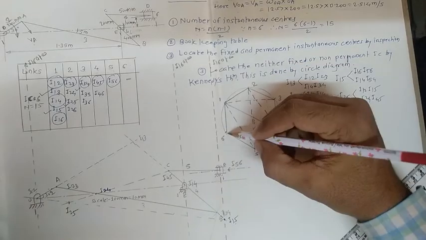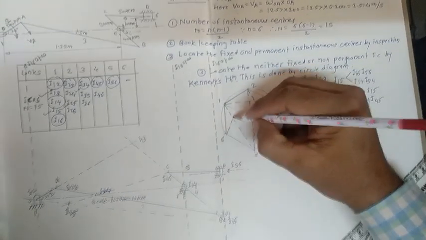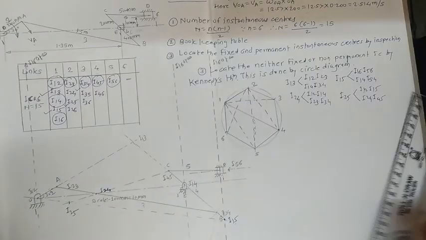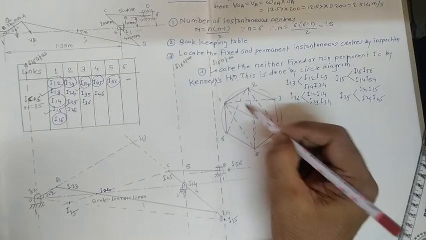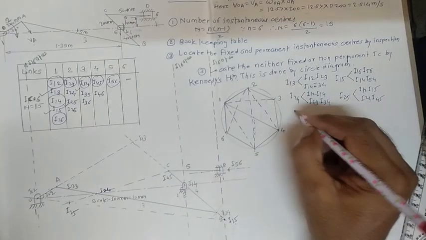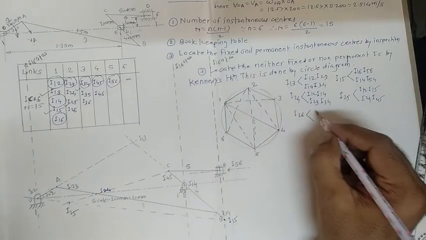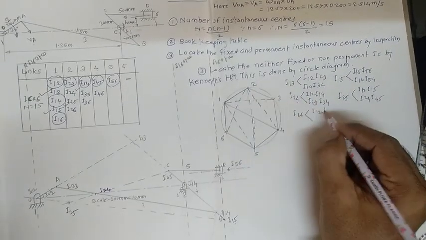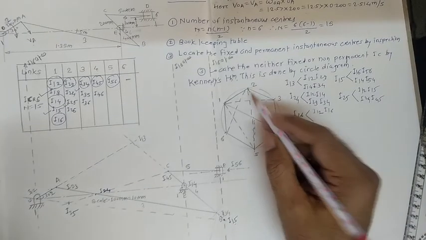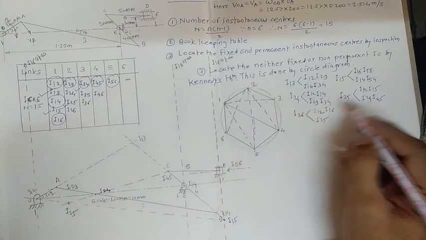For that, join this 2, 6 in this way. Now just focus on this triangle and this triangle. Okay, so the guideline with us: I2, 6 is nothing but the intersection of I1, 2, 1, 6, and from the other side I2, 5 and 5, 6.